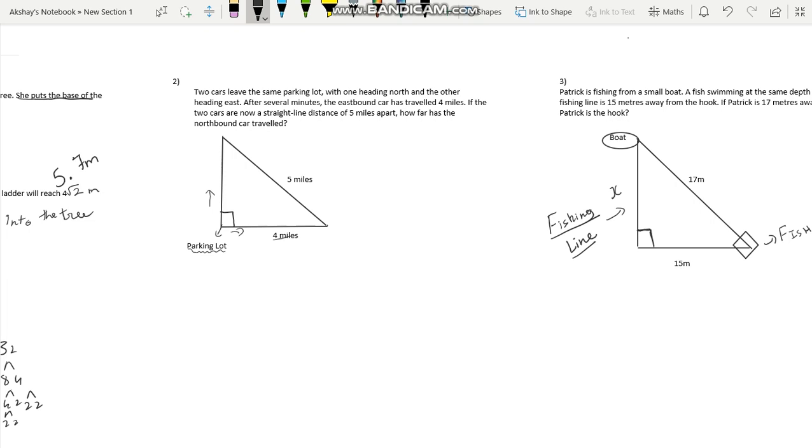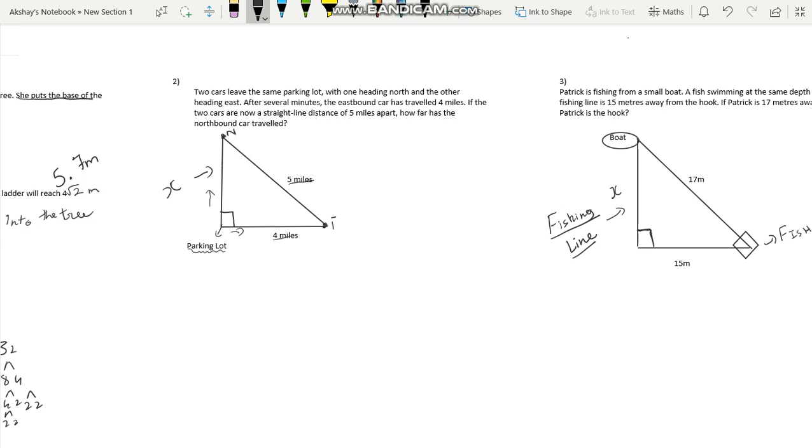The two cars are now a straight line distance of 5 miles apart. They both are 5 miles apart because our first car is here and our second car is right here. How far has the northbound car traveled? So we're trying to find x. They want us to find x right here. x is how far our northbound car has traveled.